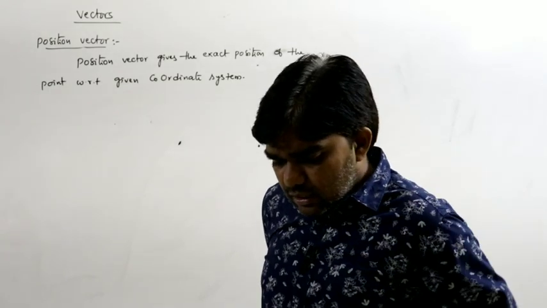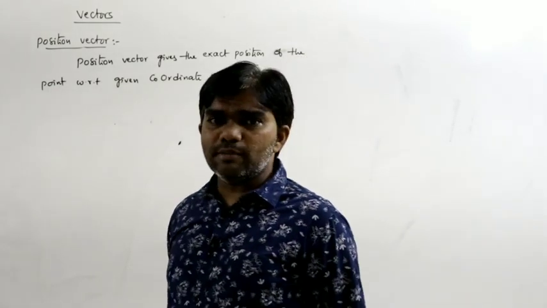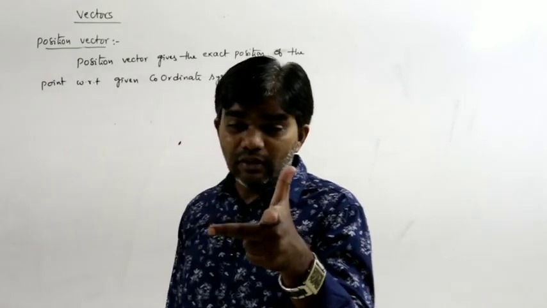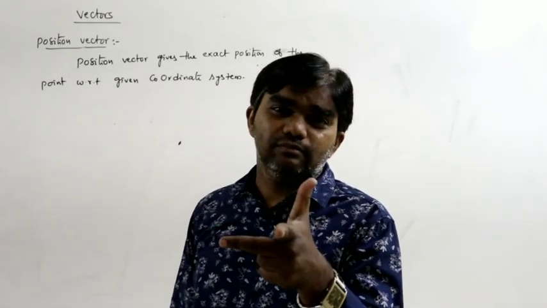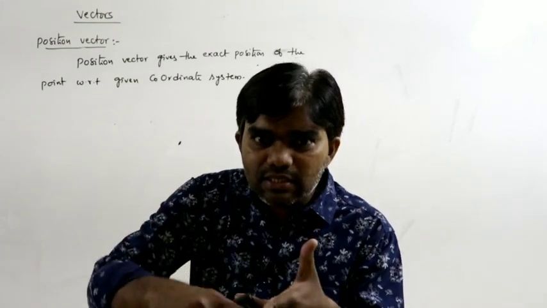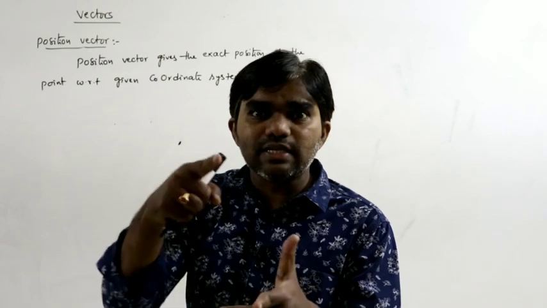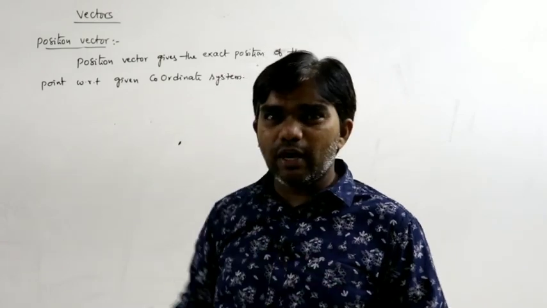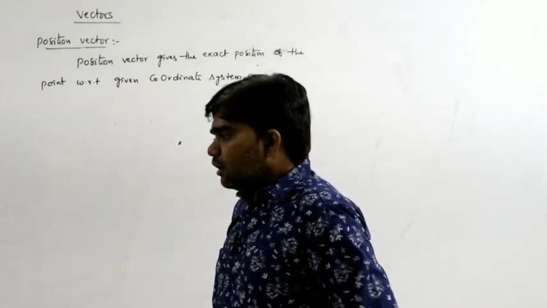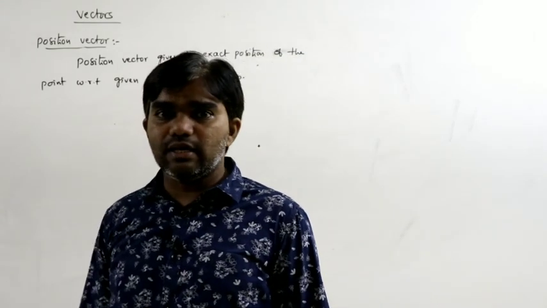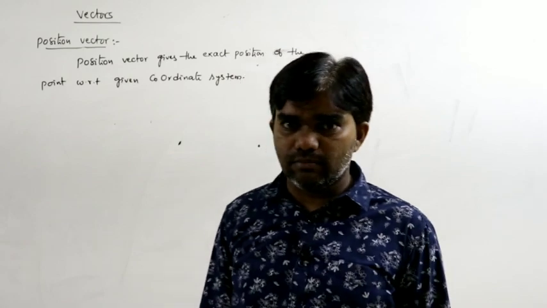Generally we have vectors in 2 dimensions or 3 dimensions. Now we are discussing a 3 dimensional vector: x axis, y axis as well as z axis. That we have to calculate now. The corner is considered as the origin of the coordinate system.